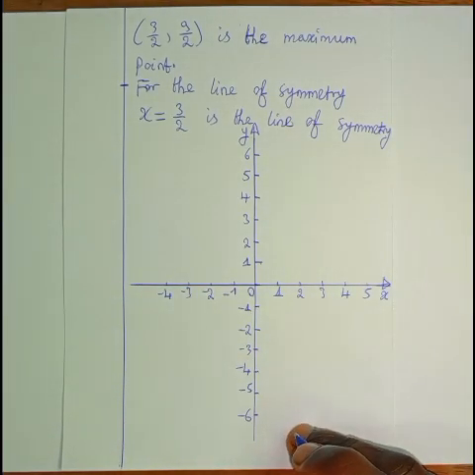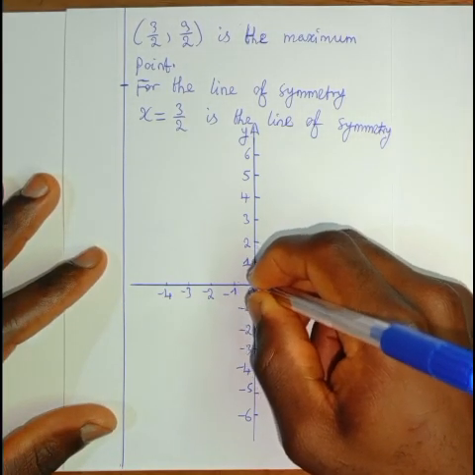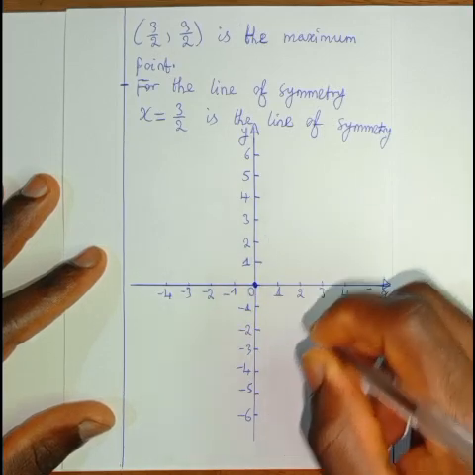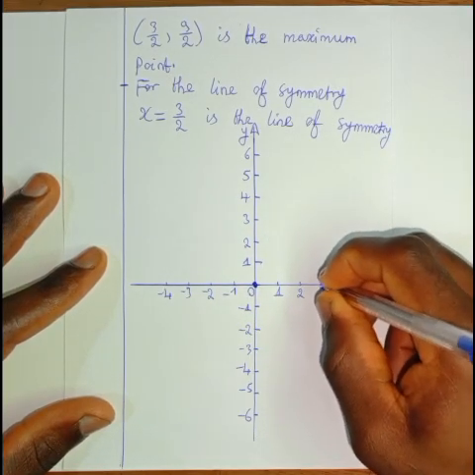Now the first thing we need to start with is plotting the x-intercepts. We have 0, 0, put a dot, which is at the origin. The next one we have 3, 0, put a dot.